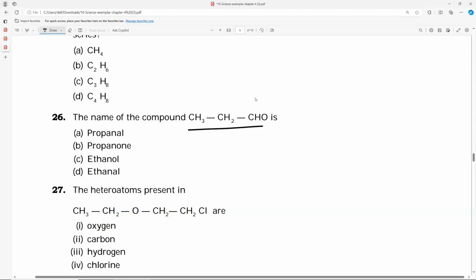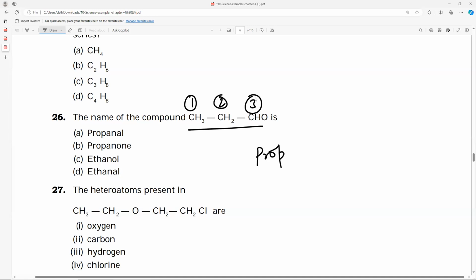Name of this compound is... 26. Name of the compound. Tell me fast. Tell me fast. We don't have all day. Yeah, it will be propanol. 3 carbons here.